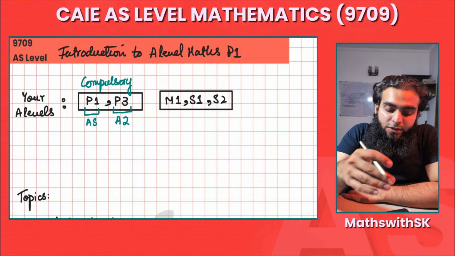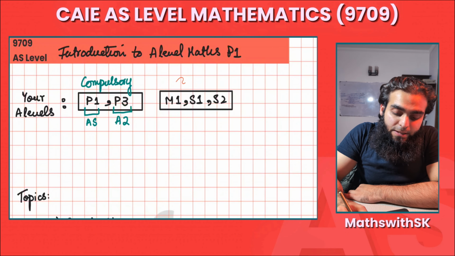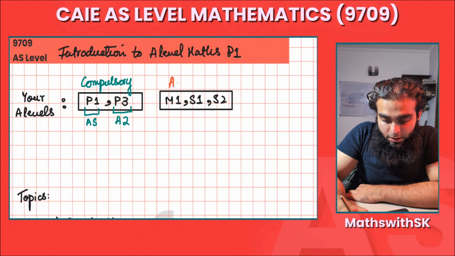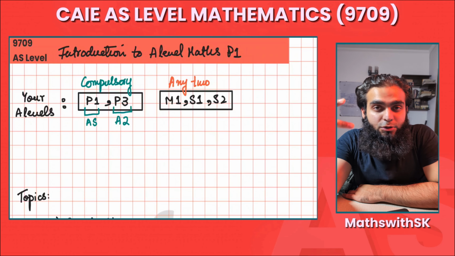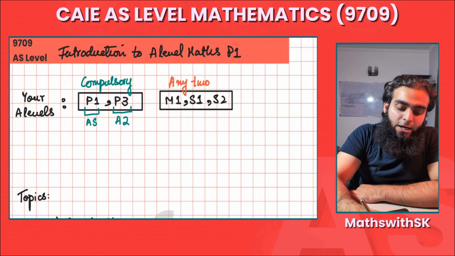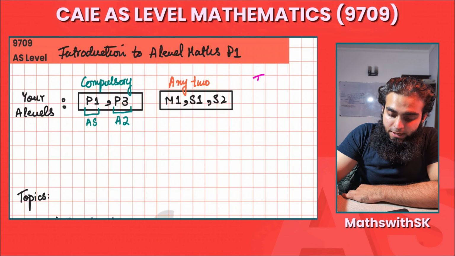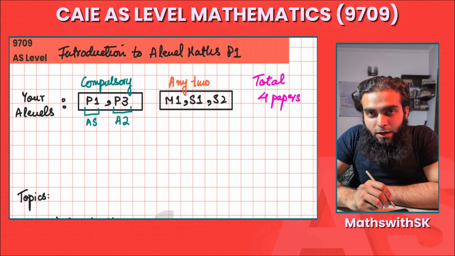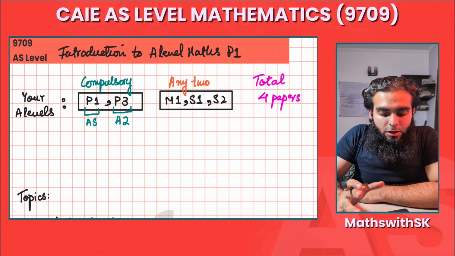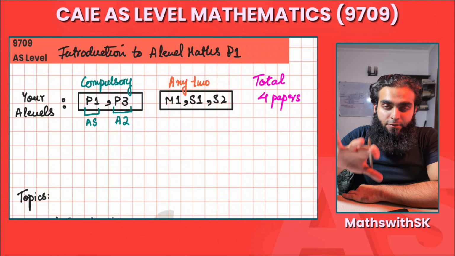As for the compulsory units, we also have some papers which are optional. Among the papers written in this box, you're allowed to take two of them. So collectively, you take four papers in your complete A levels. That was a quick overview about A levels, and we will talk about every component in their separate playlists.